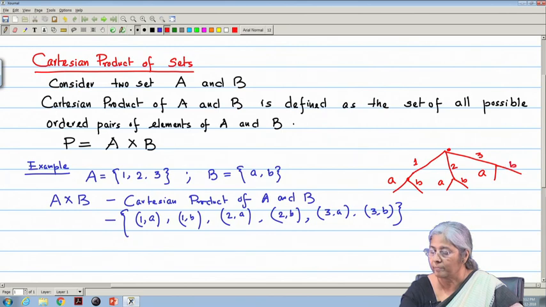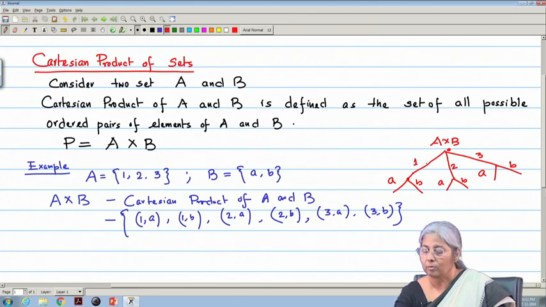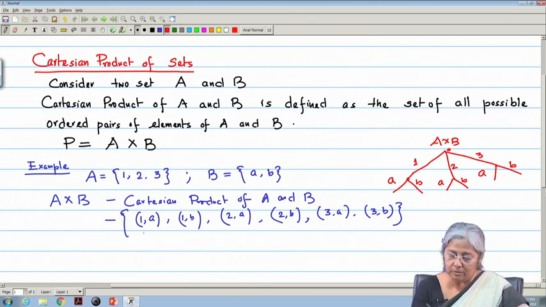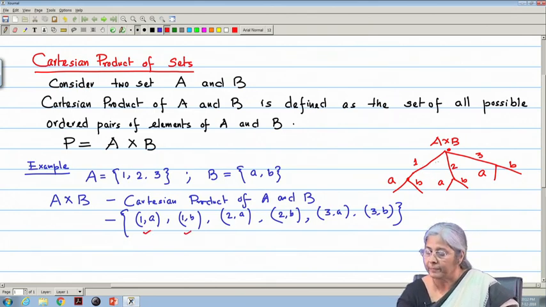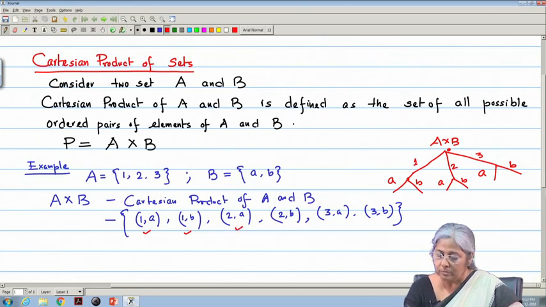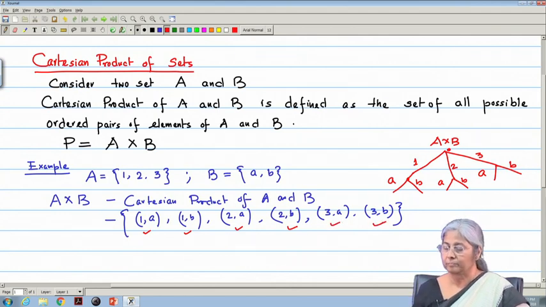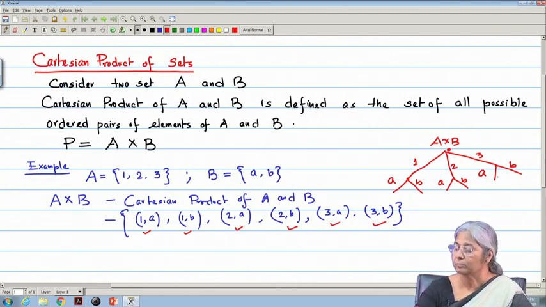So, we get 1a, 1b, 2a, 2b, then 3a, 3b. So, we get all possible pairs.